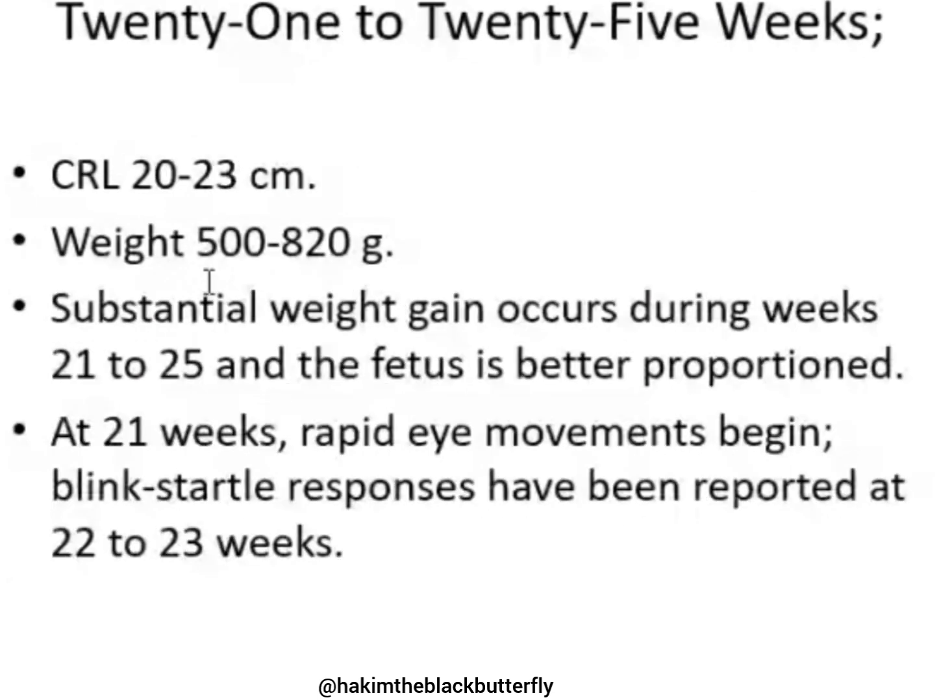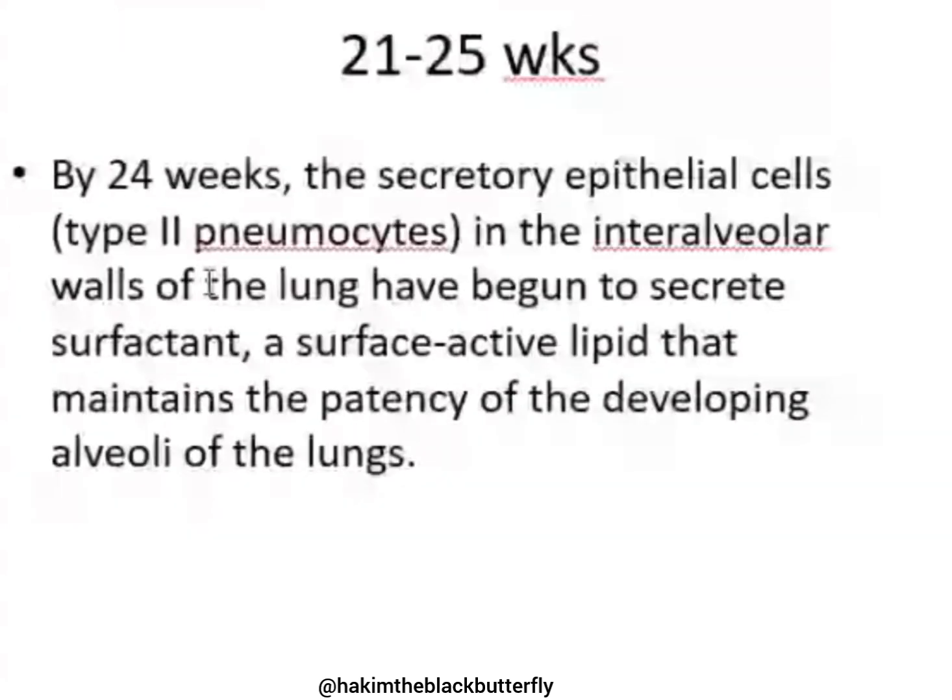So what you have seen, the crown rump length and the weight increasing as a result of progress in growth. Rapid movements of the eyes, they are becoming stronger and more differentiated. Surfactant begins to be produced.